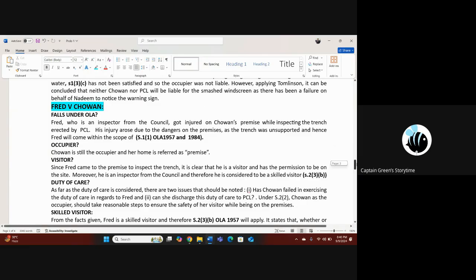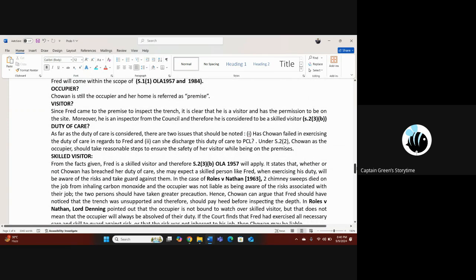However, is there any duty of care of Chauhan toward the visitor or not? So there should be two questions now. There are two issues. Whether Chauhan has failed in exercising their duty of care or not, and whether Chauhan can argue that now as I have given the contract to PCL, the duty of care lies on the PCL.